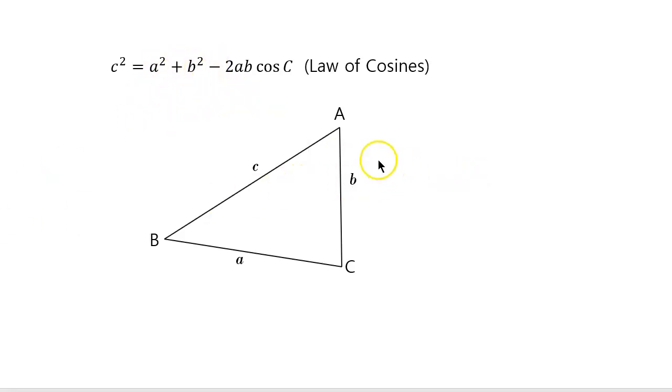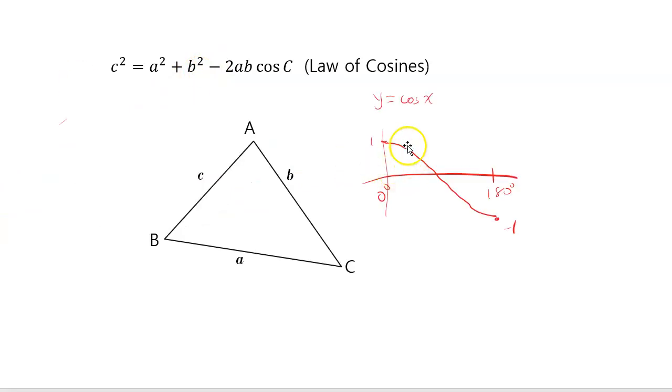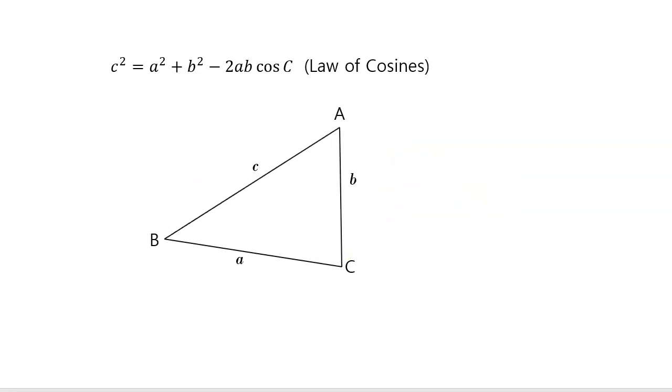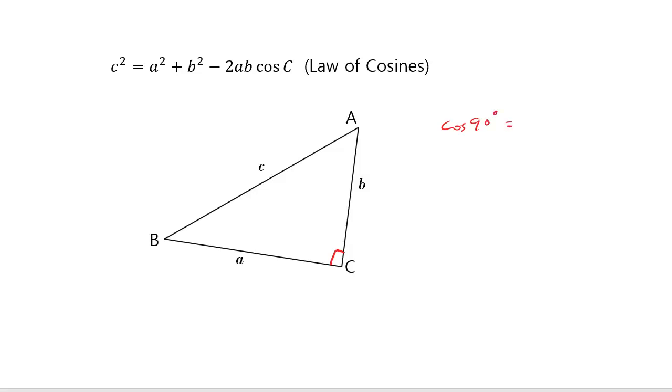Now, I want to explain why you would need the a squared plus b squared. Well, if you go back to the cosine graph, it hits 0 exactly at 90 degrees. So when you increase this angle to become 90 degrees, the cosine of 90 degrees will become 0.